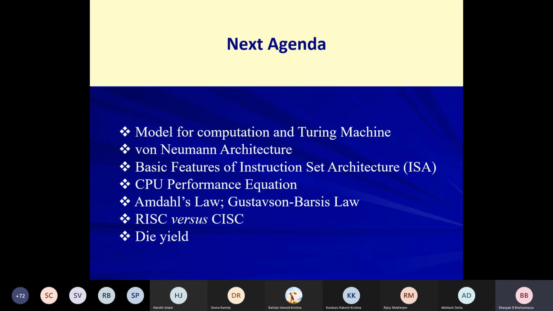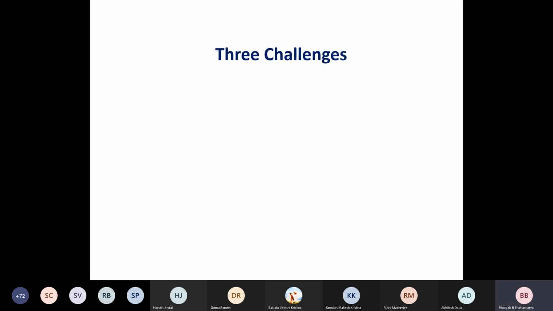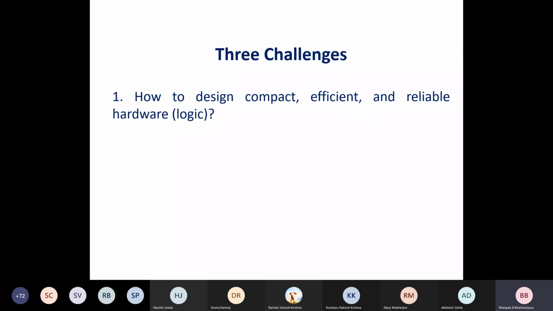Well, imagine that you are a computer designer and you are entrusted with the task of designing a processor. So you need to answer three questions. The first question that would arise is that you need to design the hardware, right? So how to design compact, efficient, and reliable hardware? That means how to design efficient, compact logic.